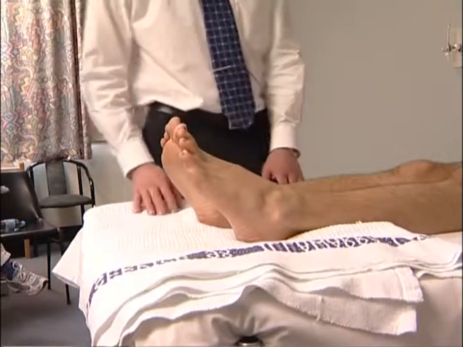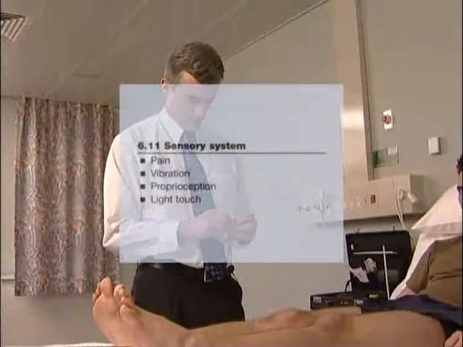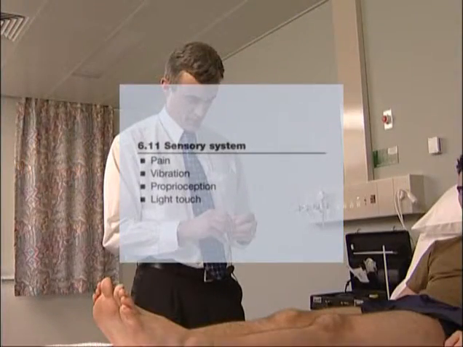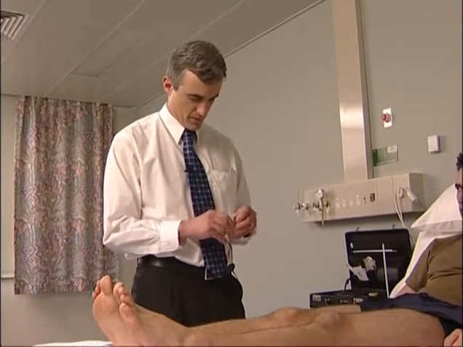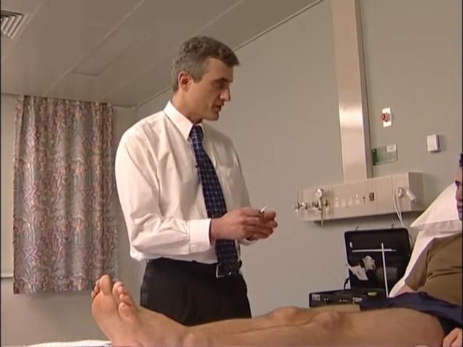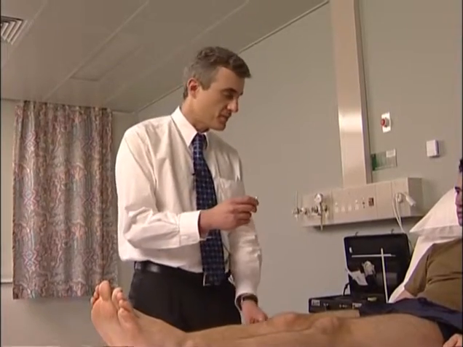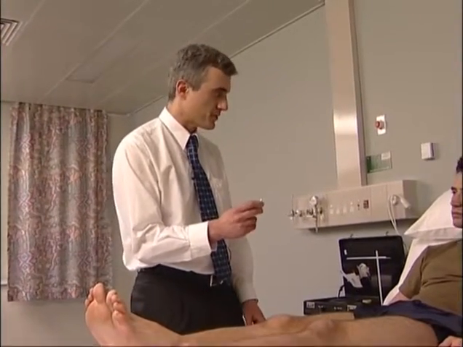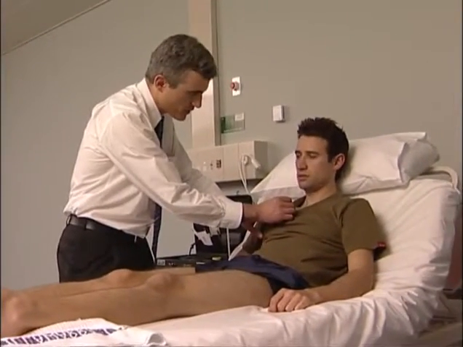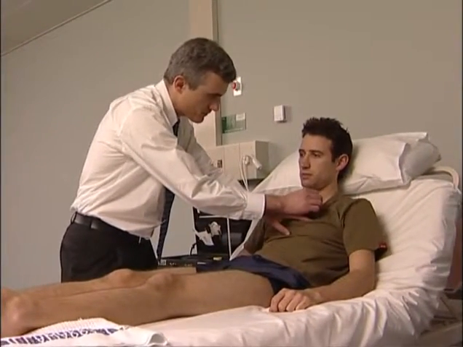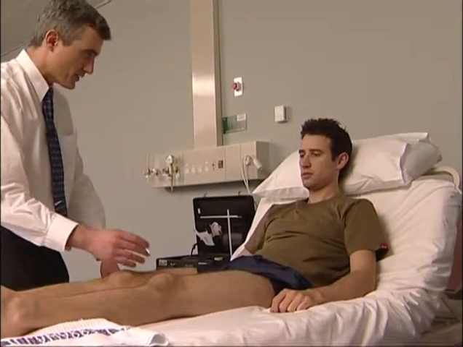Okay. Now test the sensory system. As for the upper limb, test for pinprick sensation first in each dermatome, comparing the right with the left side. Map out any abnormality and decide on a pattern of loss. What I have here is a neurotip. It's a blunted pin. It should still feel sharp, but it won't break the skin. And I'm just going to demonstrate here. Does that feel sharp? And on this side? Okay. I'd like you now to close your eyes.